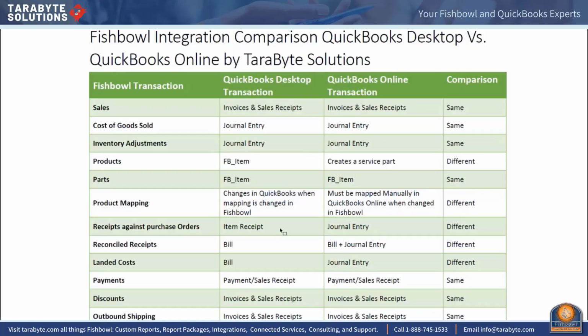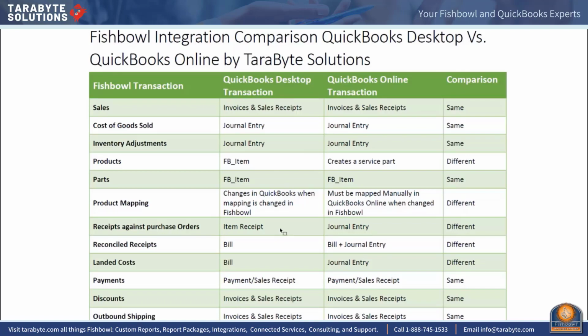Okay. So now we're going to go over receipts, reconciled receipts, and landed cost. QuickBooks Desktop has a transaction type called an item receipt, and QuickBooks Online does not have a transaction called an item receipt. So with QuickBooks Desktop, Fishbowl sends over an item receipt. With QuickBooks Online, Fishbowl sends over a journal entry when we receive against our PO.